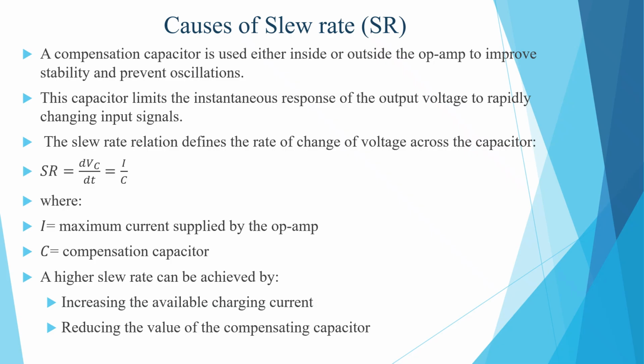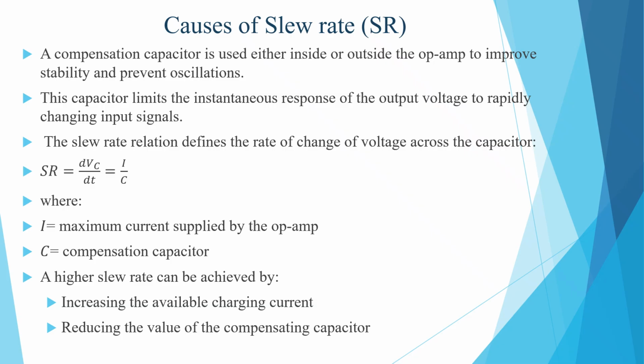Since a capacitor cannot charge instantaneously, the output voltage changes gradually. The slew rate depends on how quickly the capacitor can charge or discharge. The mathematical relation is slew rate equal to dVc by dt, which is equal to I by C, where I is the maximum charging current available and C is the compensation capacitance.